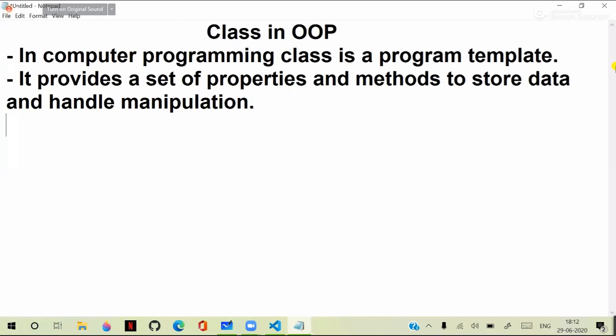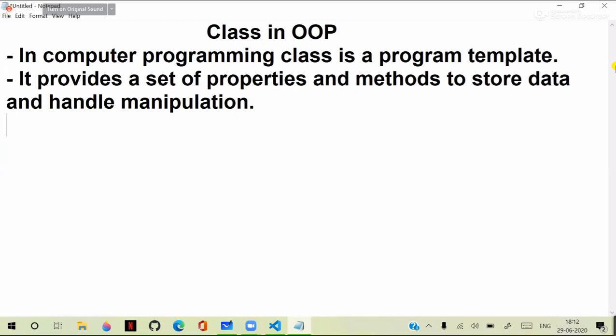Generally, in computer programming, a class is technically a program template. A class provides a set of properties and methods to store data and handle manipulation.